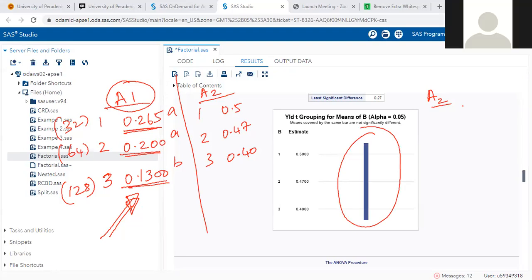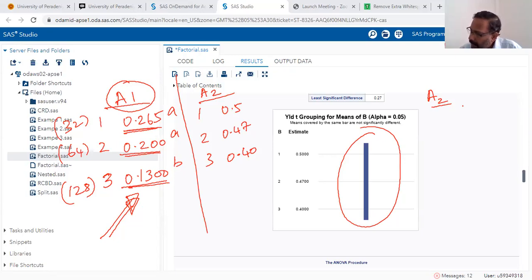Same color. Same color means what? All are equal, no difference. All are the same. It doesn't matter whether it is a 32 MB computer or a 64 MB computer or 128. All are behaving the same, statistically, not looking at the values now.